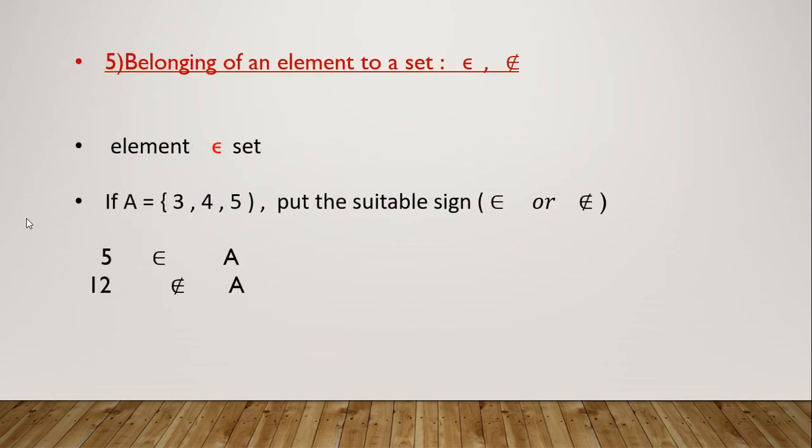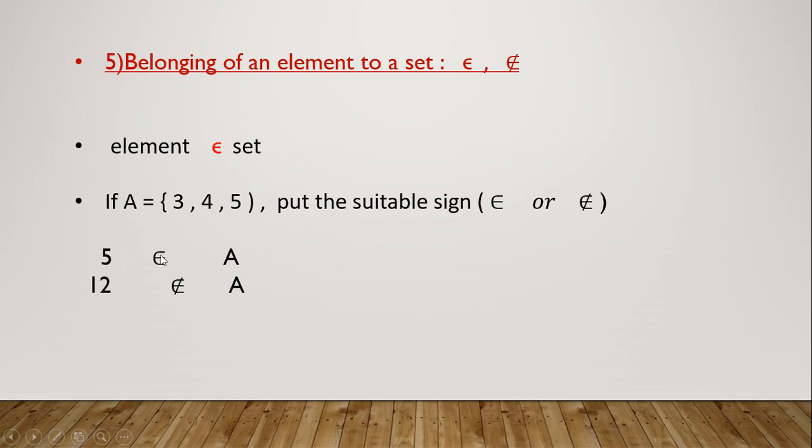Number 5, belonging of an element to a set. This sign is called belong and this one not belong. We put belong or not belong between an element and a set. If A equals 3 and 4 and 5, put the suitable sign, belong or not belong.